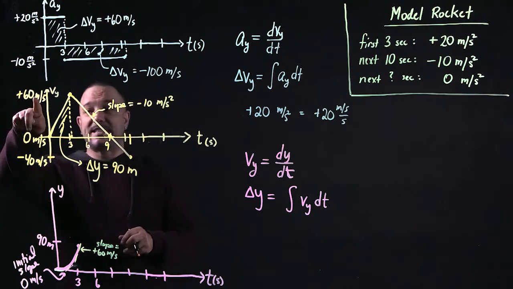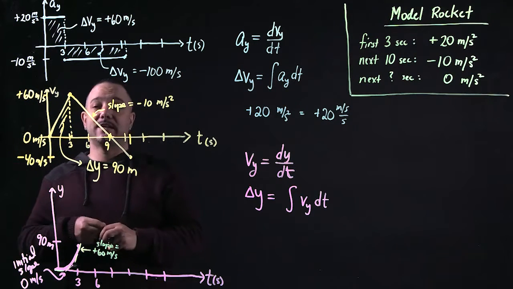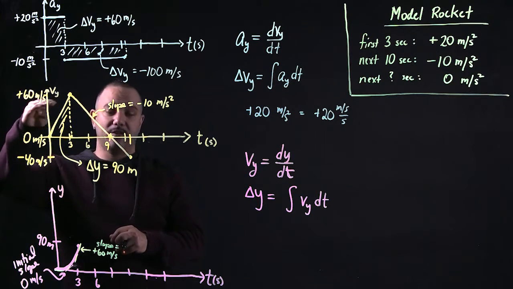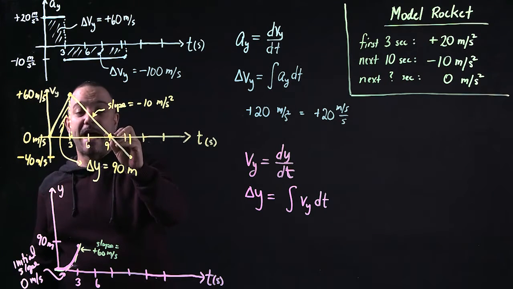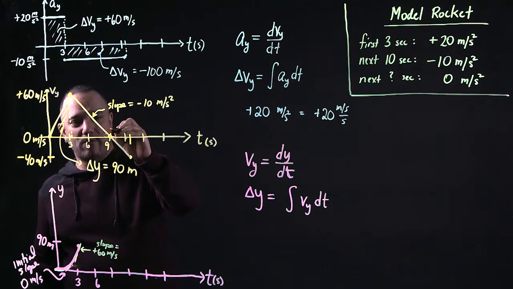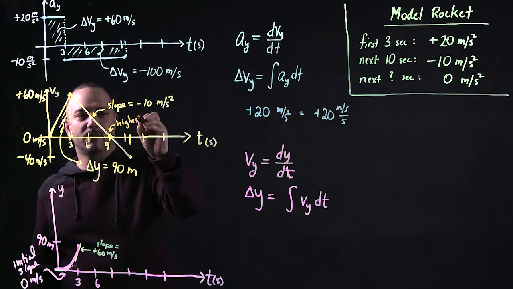And so if you're at 60, after 6 seconds, you'll be at 0, right? So 60, after 1 second, you're at 50, another second, 40. So after 6 seconds, we'll end up back at 0 velocity. So this point right here is a very special point. This is where at the highest point in the motion.